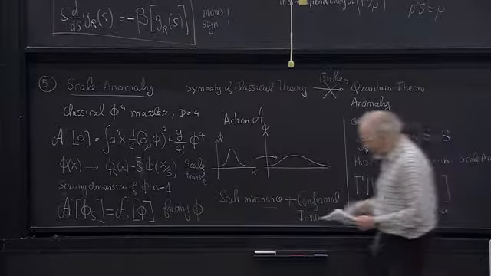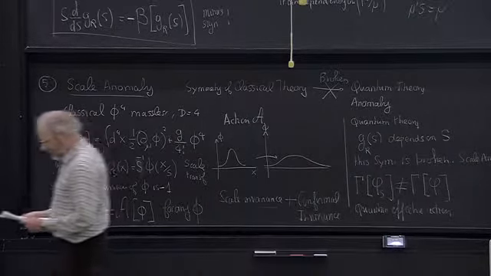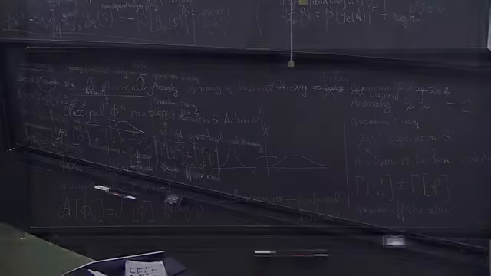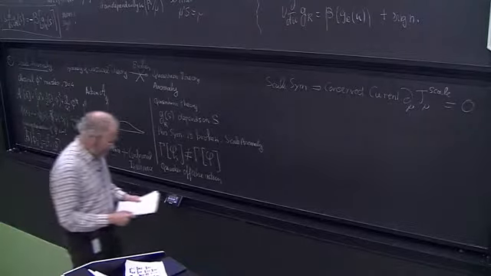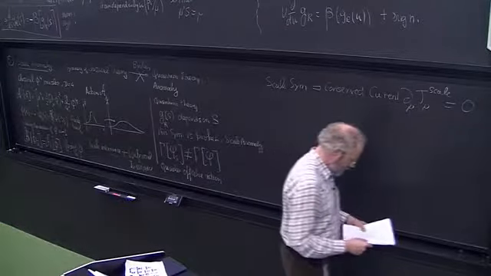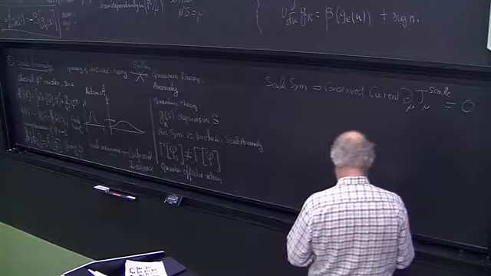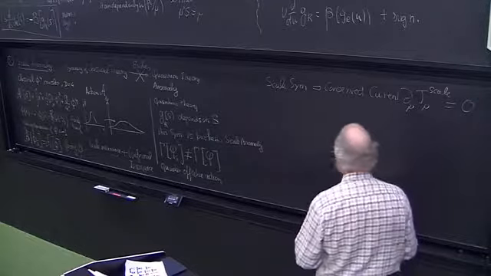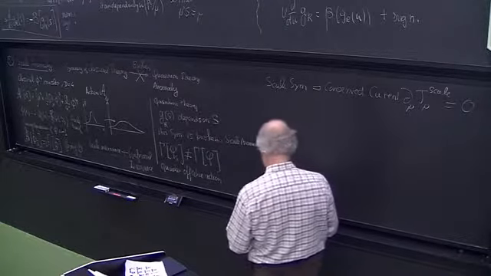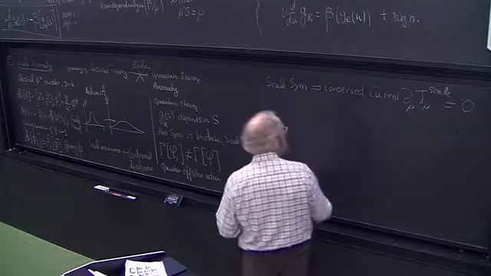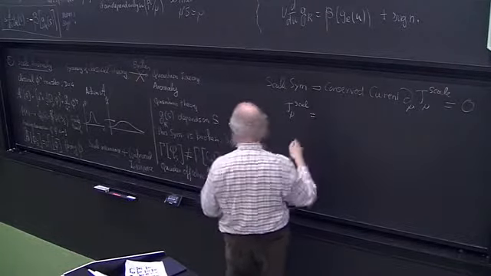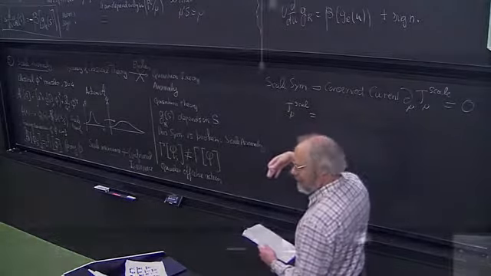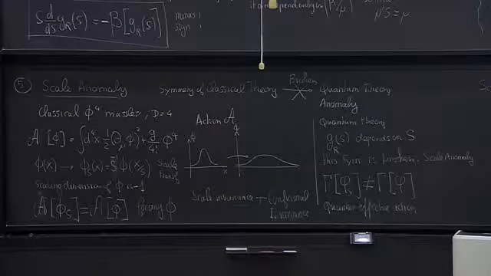Okay. So you can compute the conserved current, and that's a calculation. Let me just explain that. So this J^μ_scale, if you do the calculation, it's just a classical application of Noether's theorem.